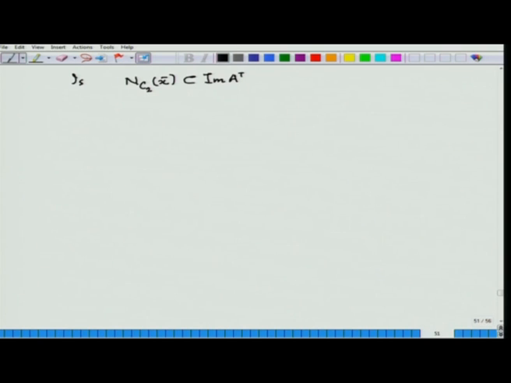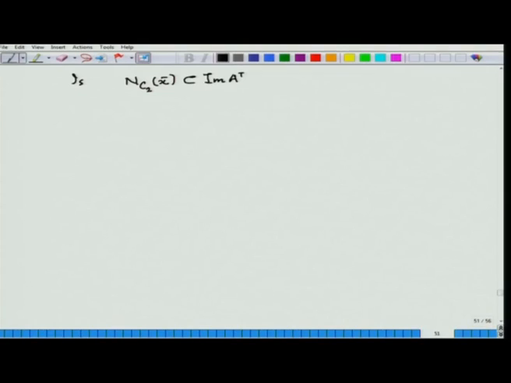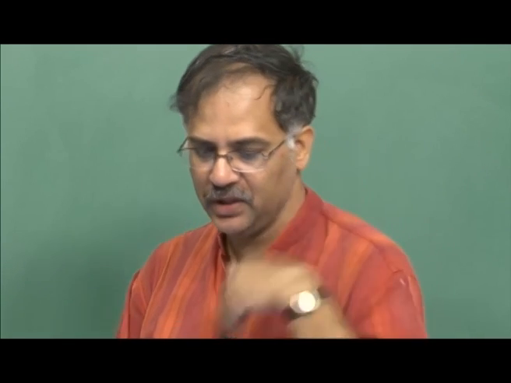Suppose I am having this problem, how will I try out this problem? That is the question. The way to try out this problem is as follows. It is very difficult to take a v and prove that it is an image of A transpose, because v in C2 is okay. C2 is a point where Ax is equal to b and nothing you know about C2, the structure is not very clear. So, how do you go about it?